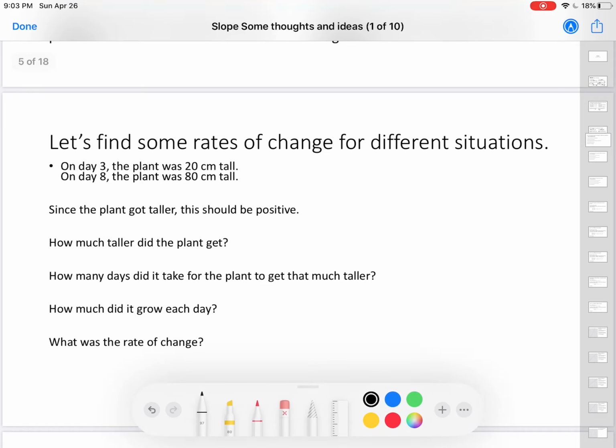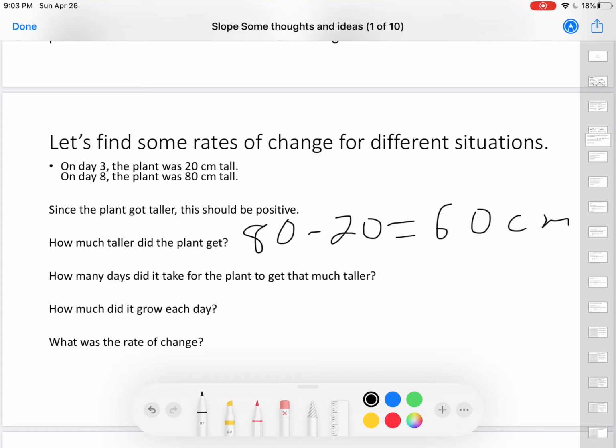Let's find a rate of change now. Okay, on day 3, the plant was 20 centimeters tall. On day 8, the plant was 80 centimeters tall. The plant got taller, should be positive. How much taller did the plant get? Well, 80 minus 20 is 60. Plant got 60 centimeters taller. How many days did it take?